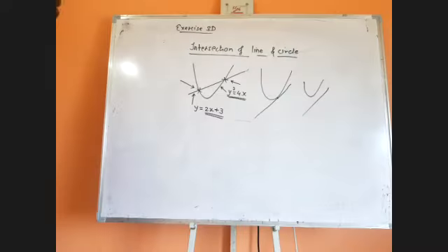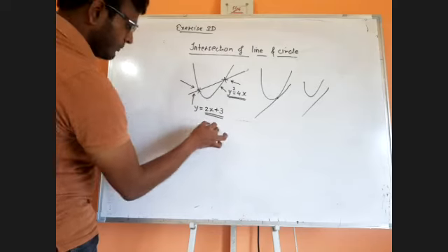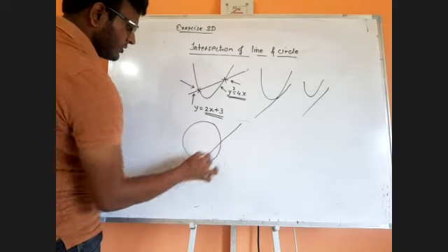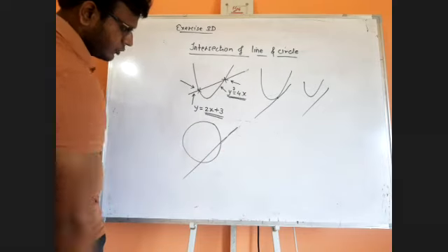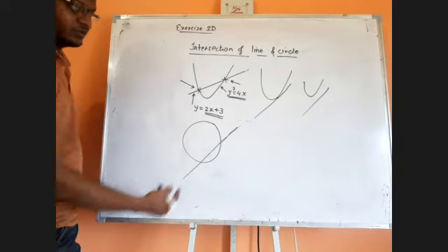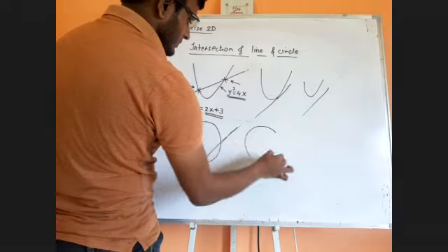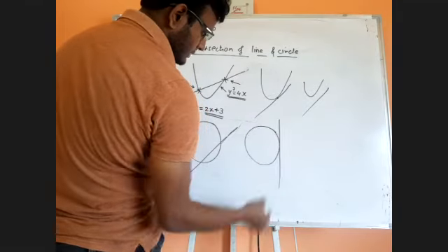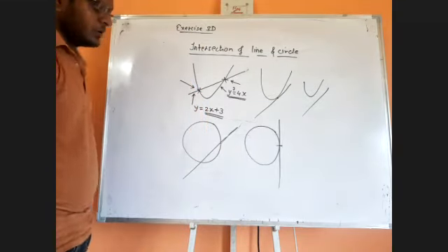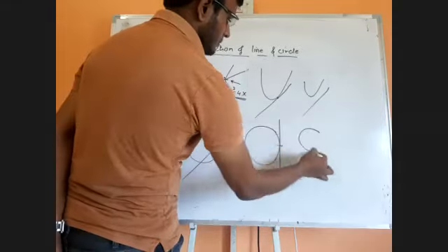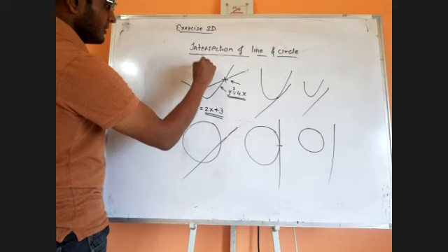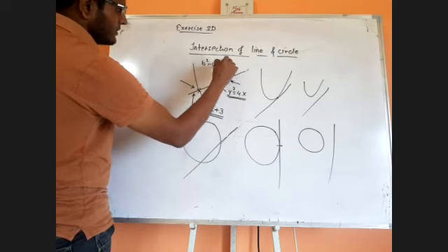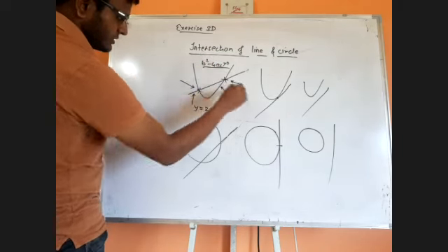Okay. Similar is the concept of line and circle. Instead of parabola, there is now circle. If circle intersects line at 2 points, we will get a quadratic equation which has two solutions. If the circle intersects only at 1 point, then we will get a quadratic equation which has only one solution, and the other possibility is like this. In this case, b square minus 4ac is greater than 0 for the combined quadratic equation.